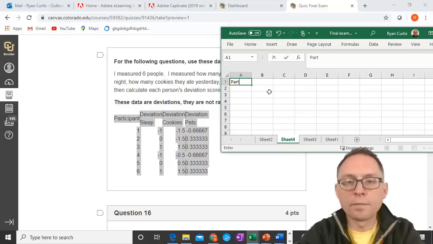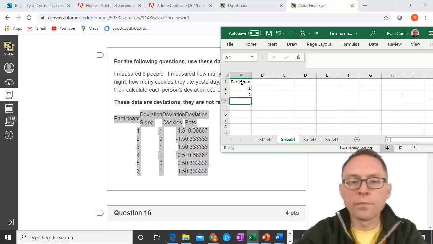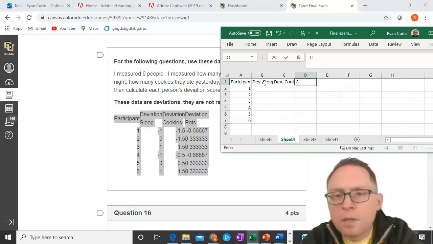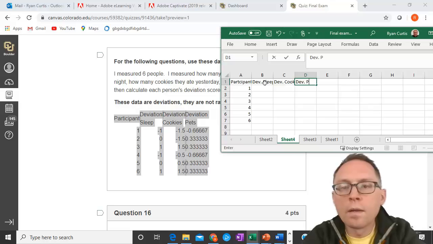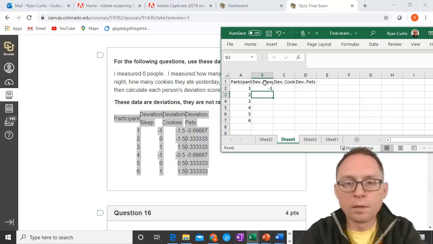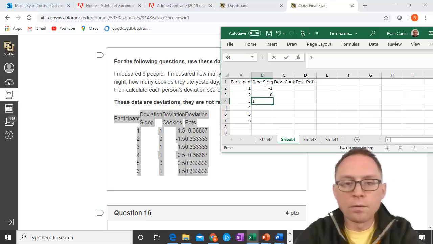So I've got participant 1 through 6. All right. Deviations, sleep, deviations, cookies, and deviations, pets. Okay, deviations sleep are -1, 0, 1, -1, 0, and 1.